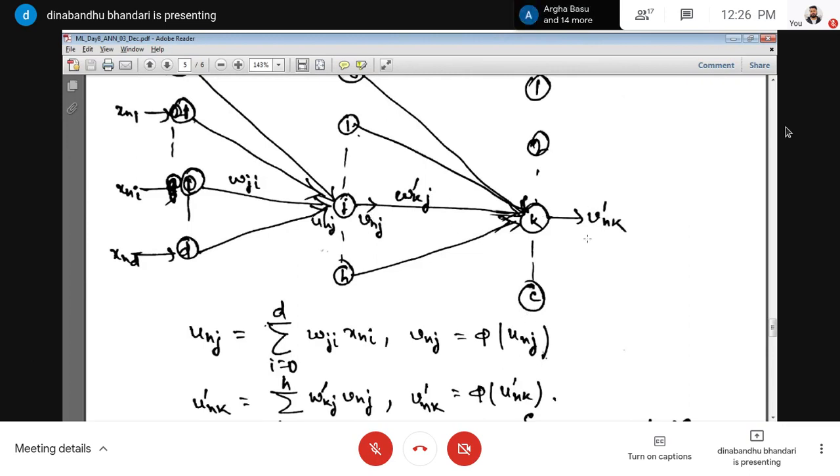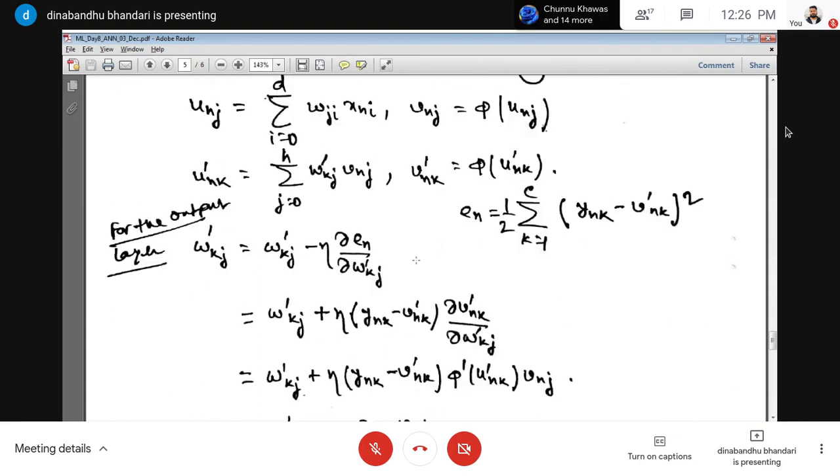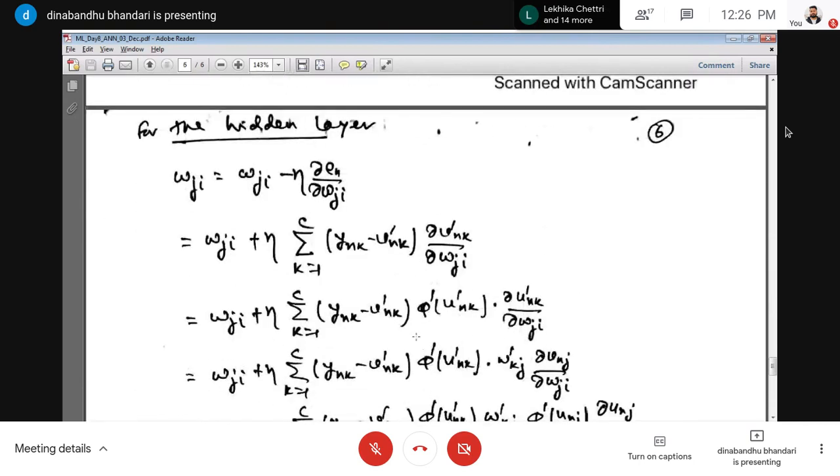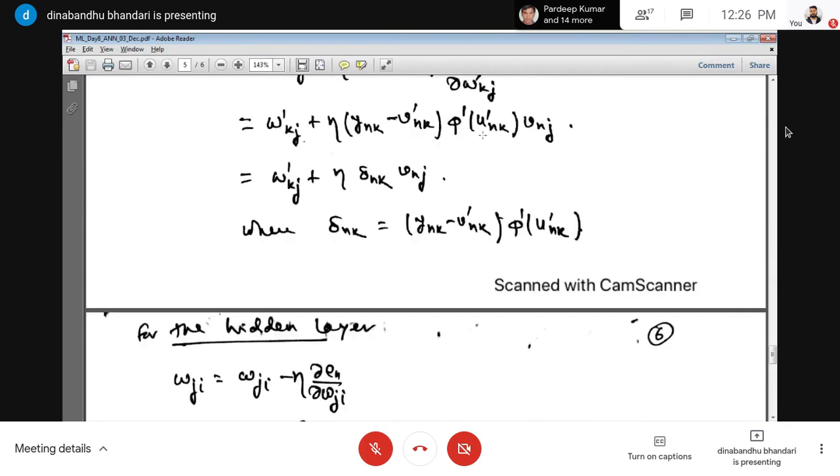So all of them will have an impact on this Wji. That's why it is a bit longer. I won't say it is very complex, but you have to follow it. You cannot just get rid of this summation in the beginning like here. We got rid of this summation.